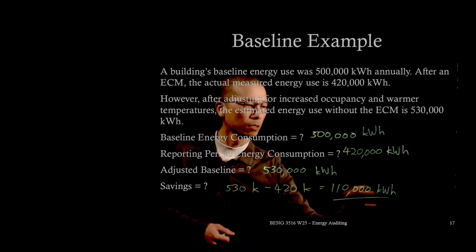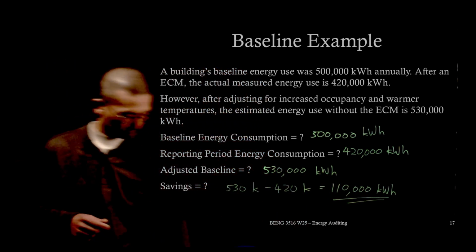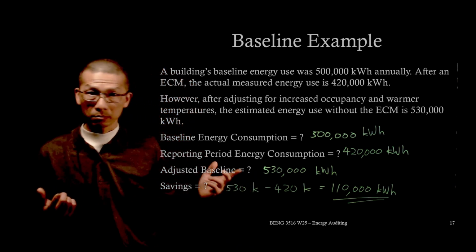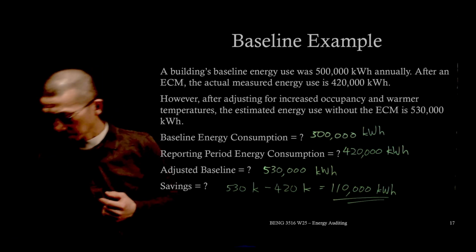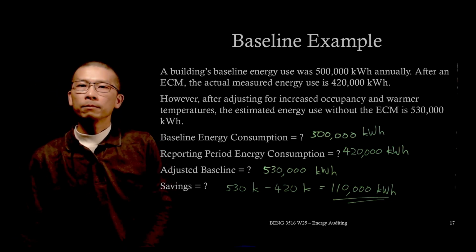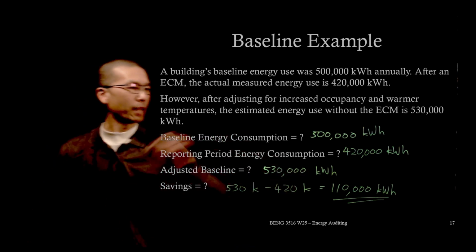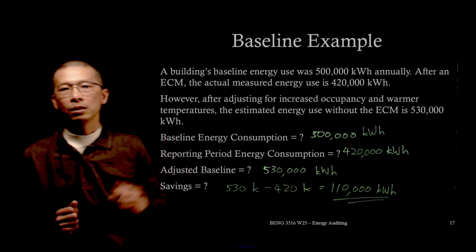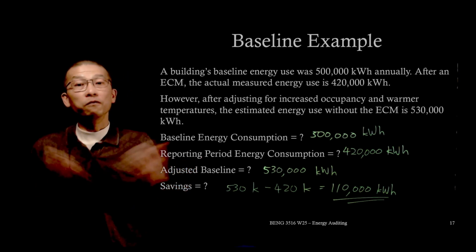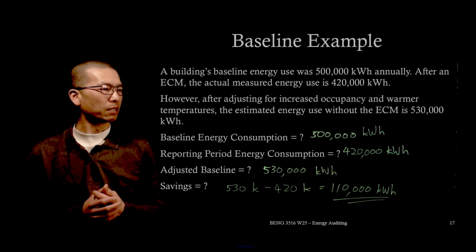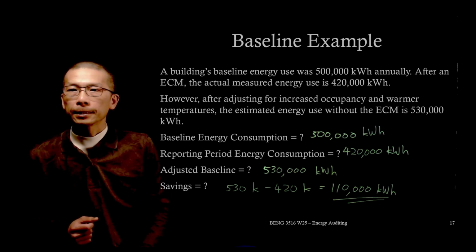That's the savings with the adjustment. That's important because we need to know what's the real savings. So that 110,000 kilowatt hour represents the avoided consumption.